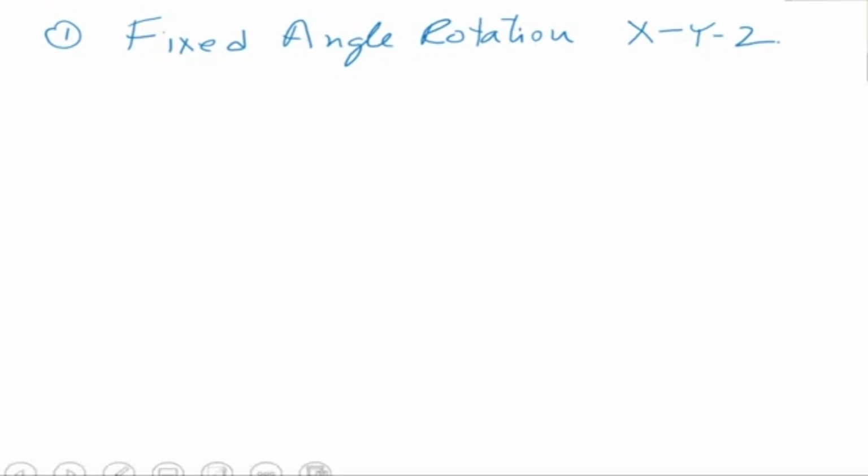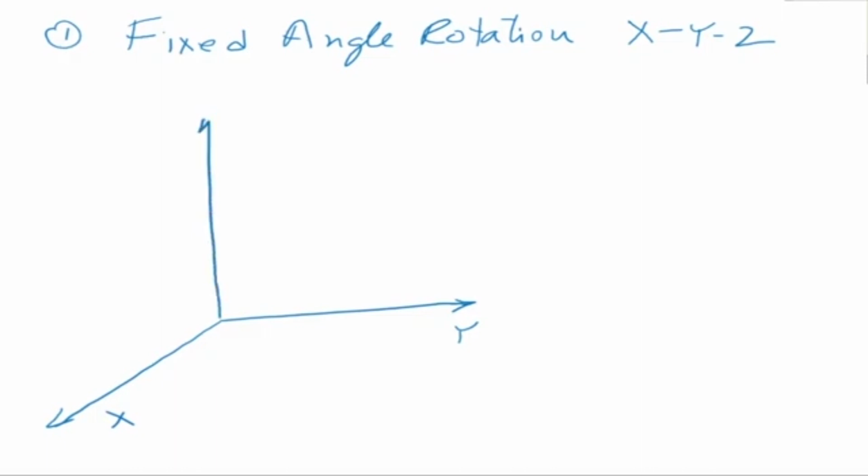That means we are rotating the frames always with reference to the fixed axis. Let's draw and see what happens. This is my x-axis. Let's call it x, y, and z.